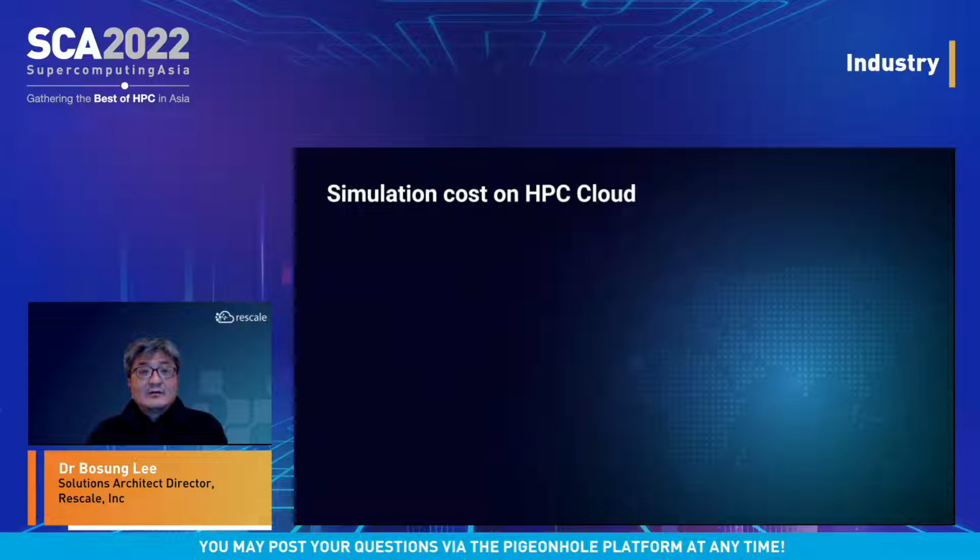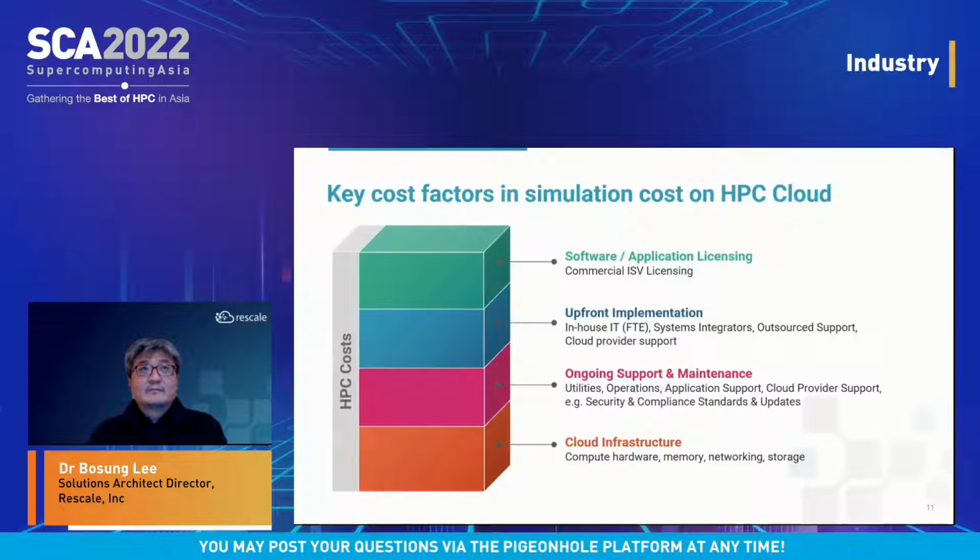Next, we will talk about the simulation cost more deeply. As you can see, the general simulation cost on HPC Cloud is composed of 4 key factors. The first factor is the cloud infrastructure cost, which includes computer hardware, memory, networking, and the storage systems.